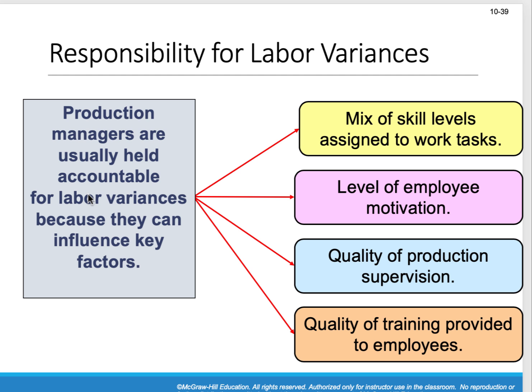They could use lower paid laborers to do menial tasks, and have the skilled workers do more skilled things. It could be a training issue, right? Why is your labor efficiency variance very unfavorable? Well, the employees aren't trained well. They just keep messing up, and we have to rework products and things like that.